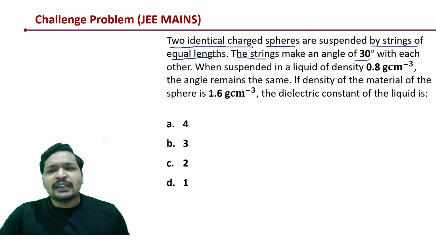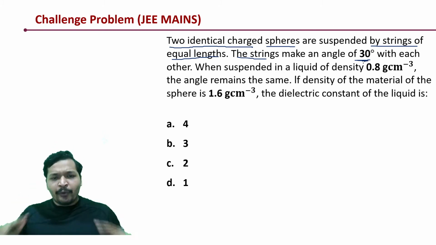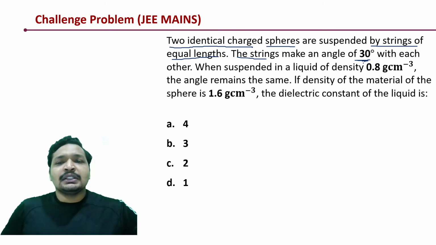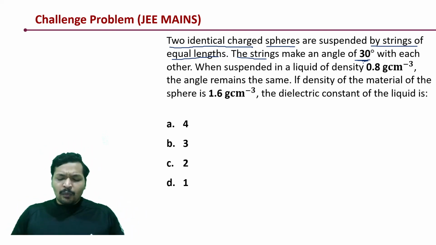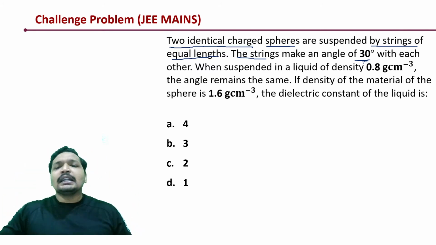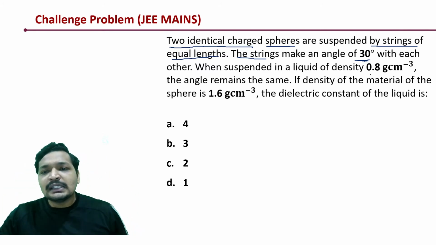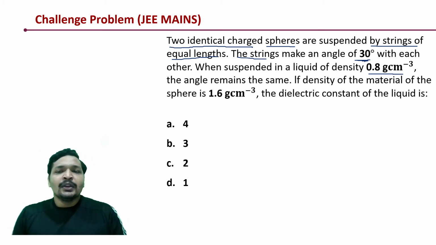They were hanging from the same point with two strings of equal lengths, at 30 degrees. Then you immersed them in a liquid of density 0.8 gram per centimeter cube.